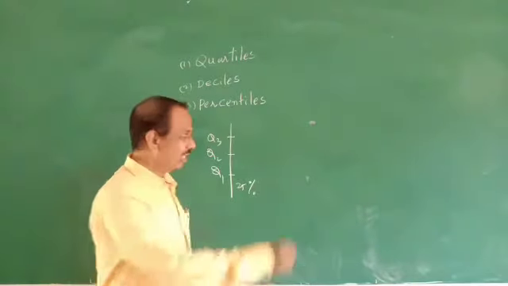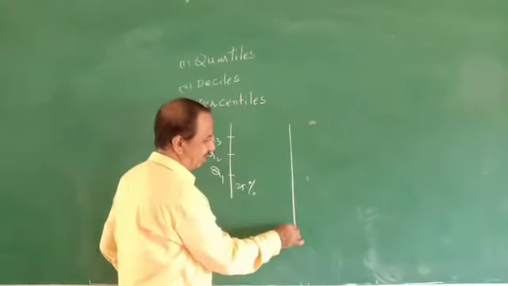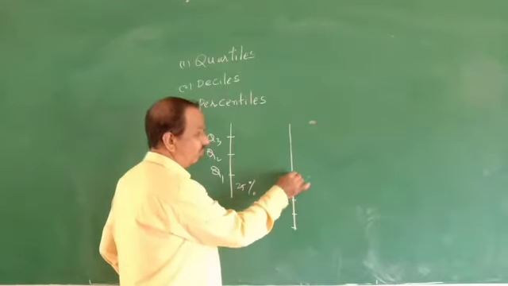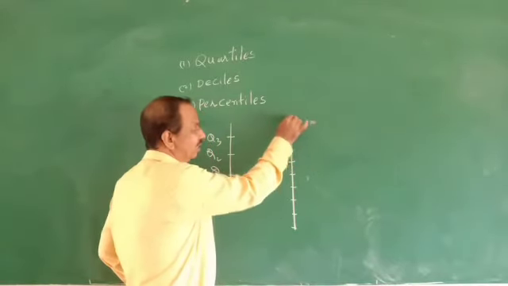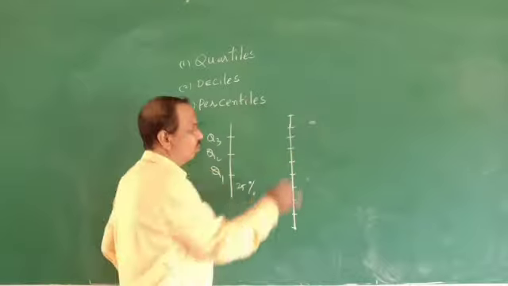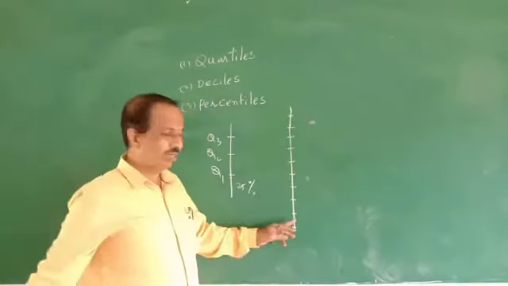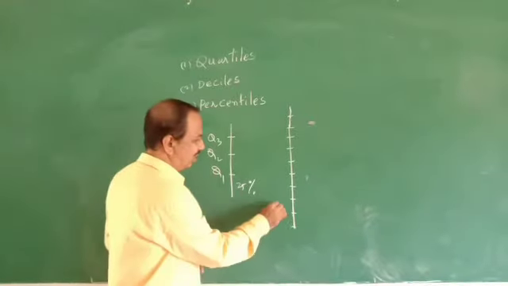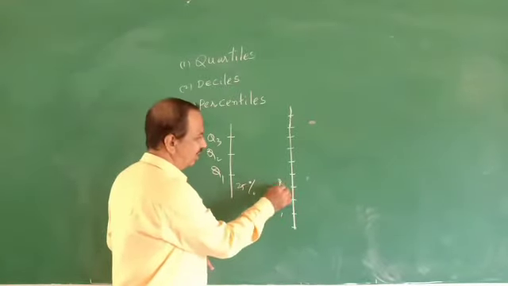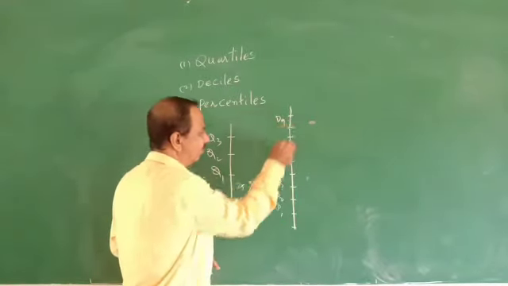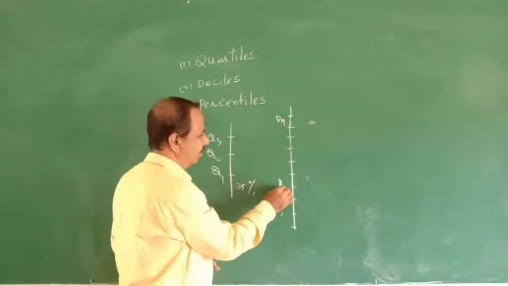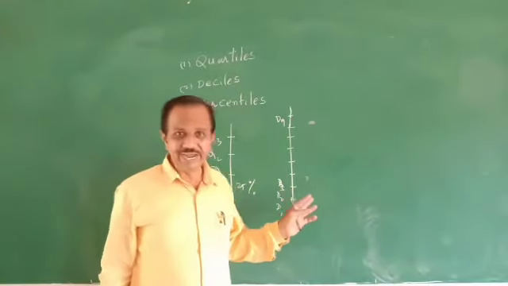Similarly, deciles. Suppose you take this data, 1, 2, 3, 4, 5, 6, 7, 8, 9. This is D1, D2, D3, like that up to D9.